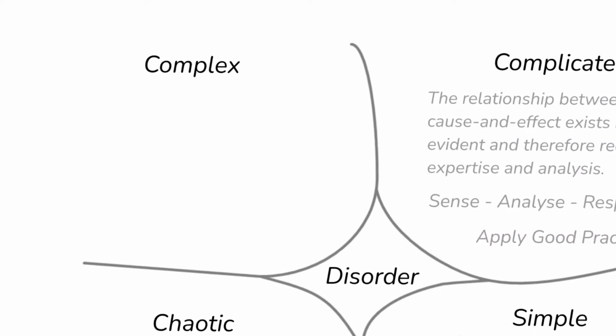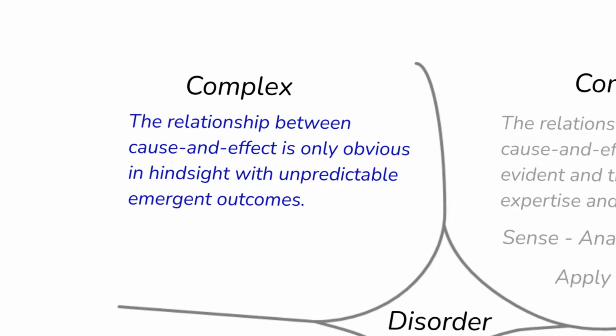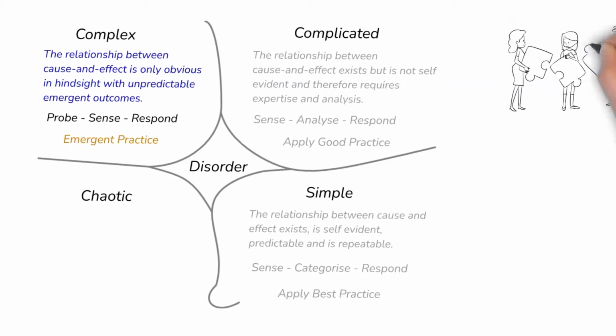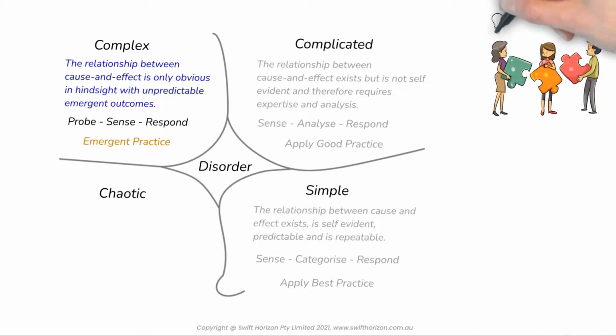In the complex quadrant, the relationship between cause and effect is only obvious in hindsight with unpredictable emergent outcomes. The Cynefin framework tells us the best approach with complex projects is to probe, sense, and then respond. These projects are usually seeking to affect market or human behaviors or perceptions, and are typically executed through cycles of fast-paced ideation, experimentation and review.